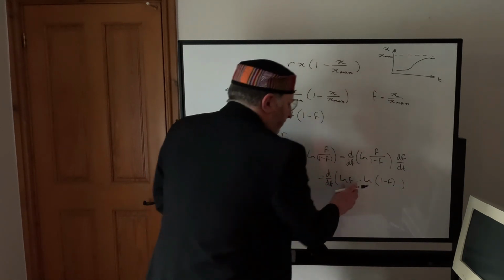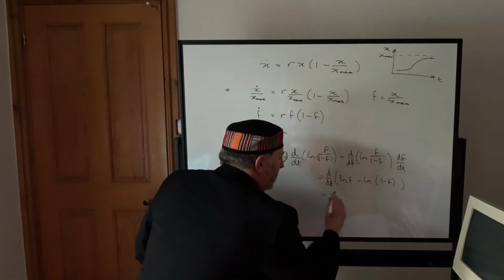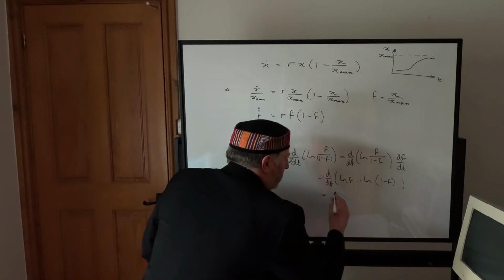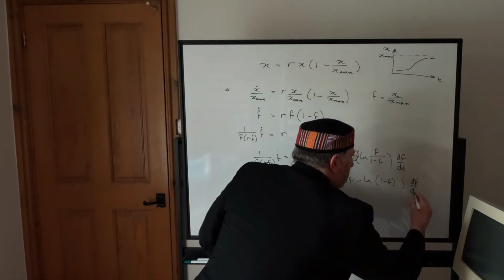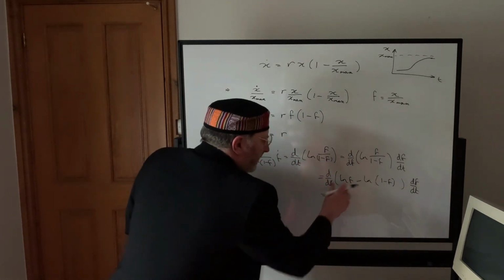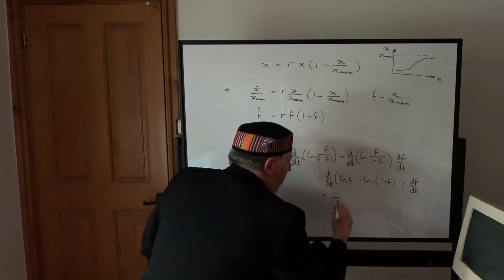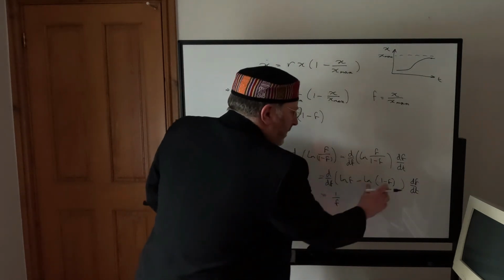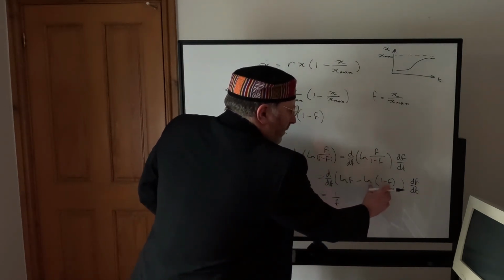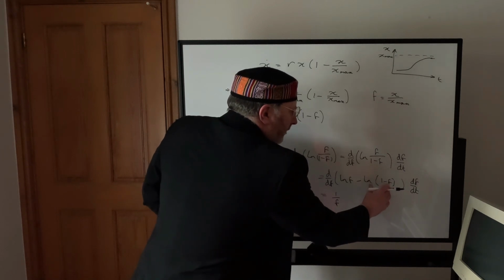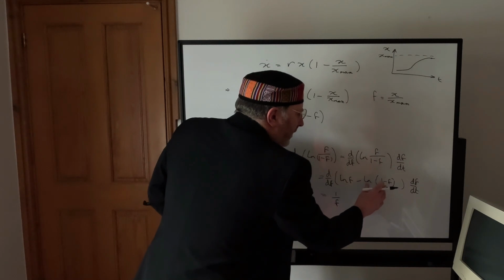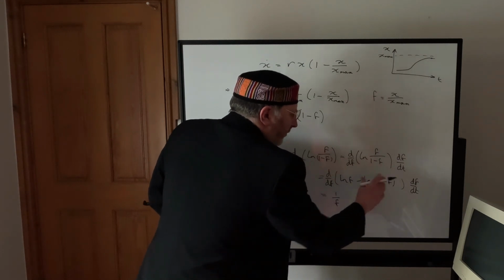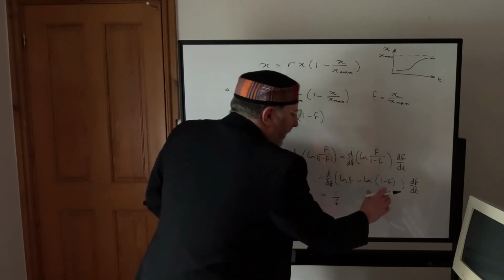And then d by df of log f, we should remember from the work we did on the exponential, times df by dt, of course. So d by df of log f is 1 over f. We know the derivative of log f, but we don't know the derivative of log of 1 minus f, so we apply our chain rule.